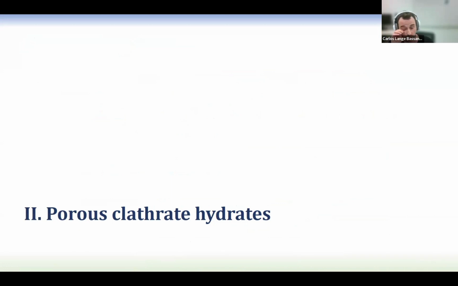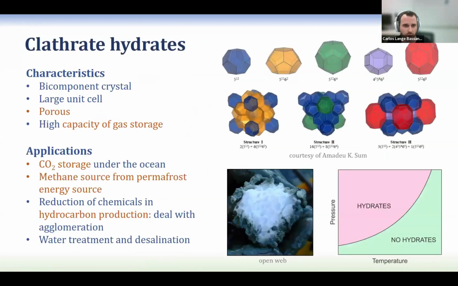But now I want to go to the other side, porous media, which is a bit more complex. Still, a lot of these concepts and the way of thinking are very similar, but the mechanisms of molecular attachment are different. And I want to talk about clathrate hydrates because they form porous media, right?